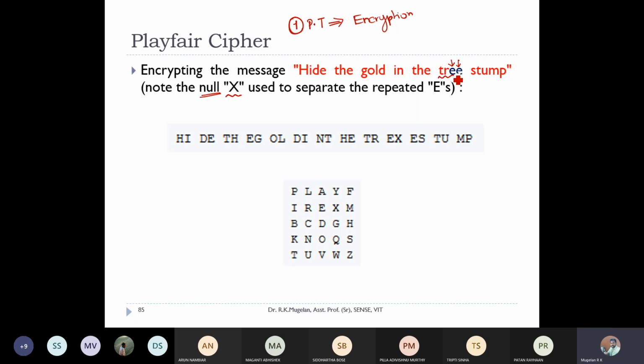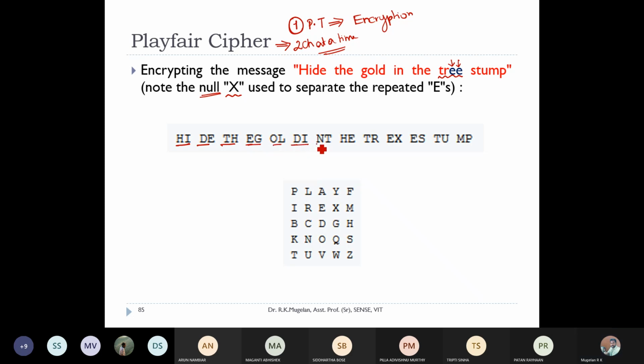Since the Playfair cipher is a bigram cipher, we encrypt two characters at a time. That's why it encrypts bigrams or digraphs. So I grouped two characters at a time: HI, DE, TH, E, GO, LD.